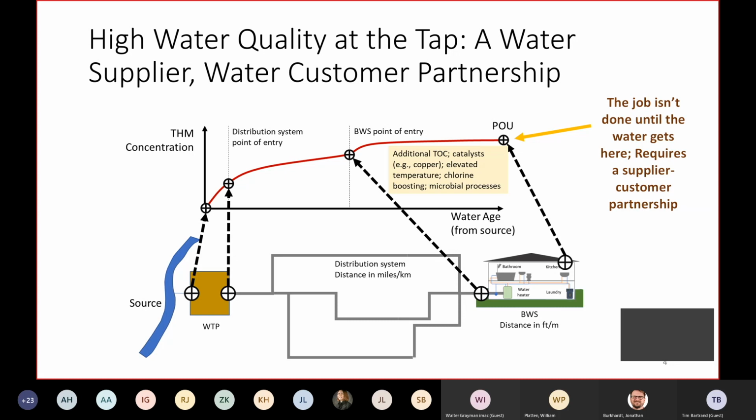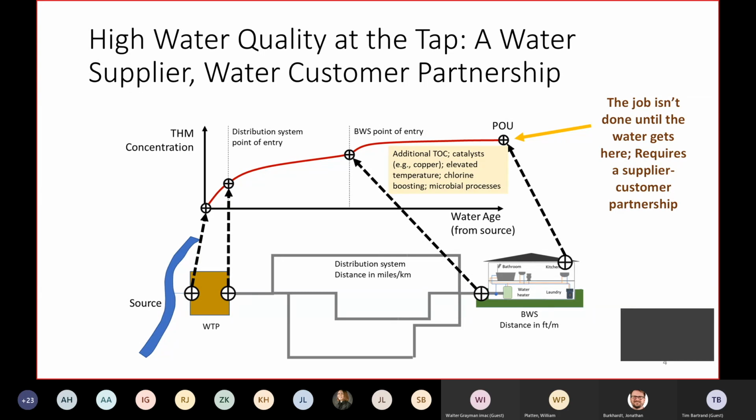You have a significant increase during treatment. There is another increase during the residence in the distribution, and then there is a significant increase, and it could be as much as 100% increase in THMs depending on conditions within building water systems, and it's the final product at the point of use that people are exposed to.